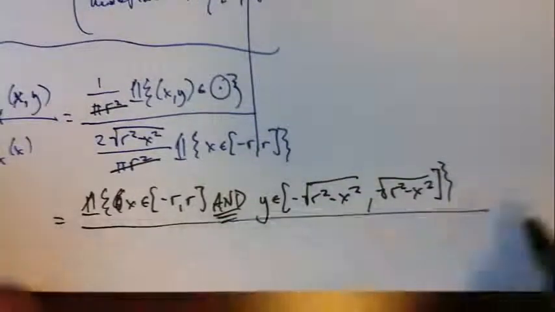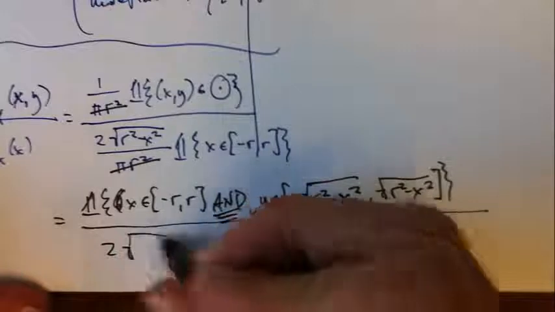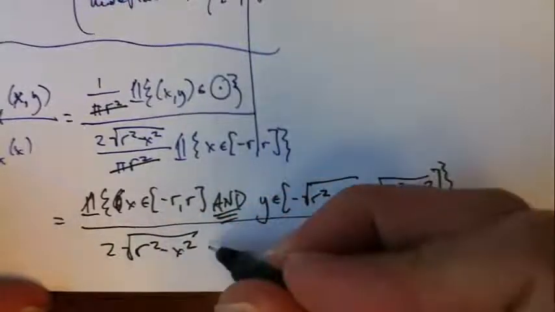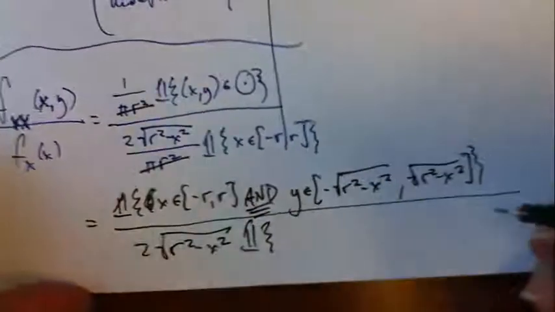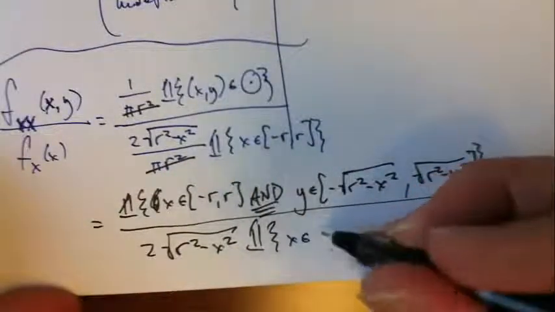All of that over 2 root r squared minus x squared times the indicator function that x takes on a value between negative r and r.